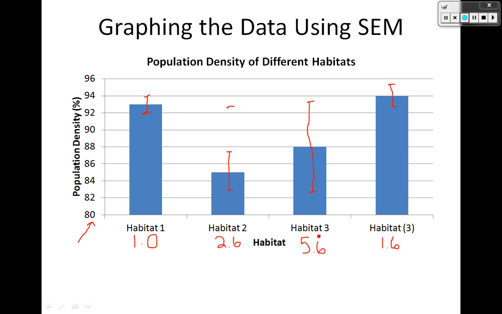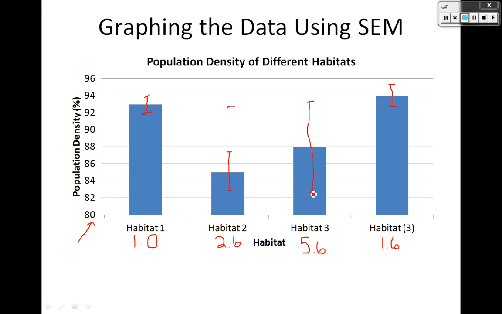Then in my conclusion, I talk about significant differences and whether the data is significantly different. You'll notice here, habitat 3 without that outlier is actually not significantly different from any other habitat because it overlaps with all of them. And that's because the spread was so broad and we had so few trials.